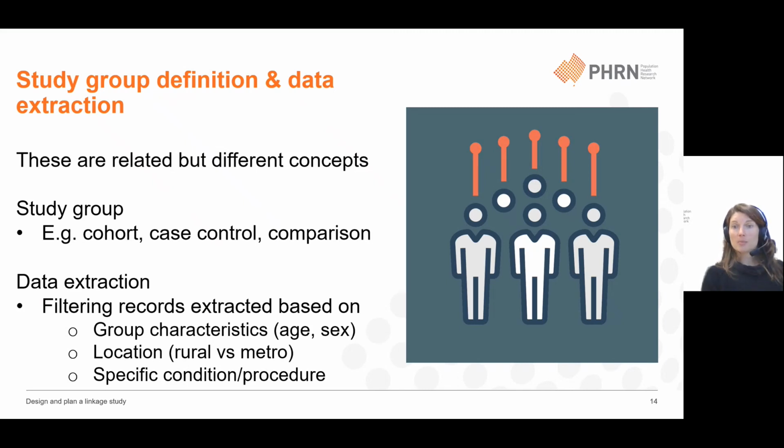Similarly, you'll have to explain whether you want all their linked records going back to birth or only for the past 10 years, or perhaps not at all. It's important to provide a rationale for why you require the data you're requesting, and it needs to be clearly tied back to your research objectives.